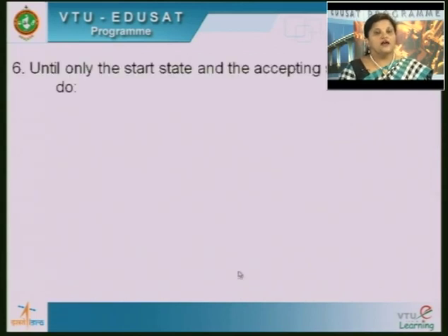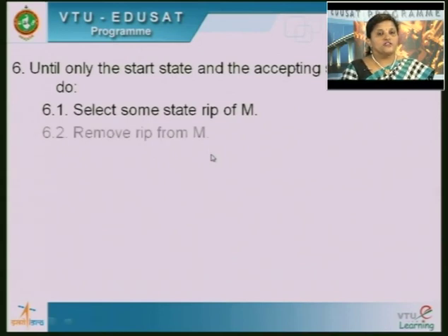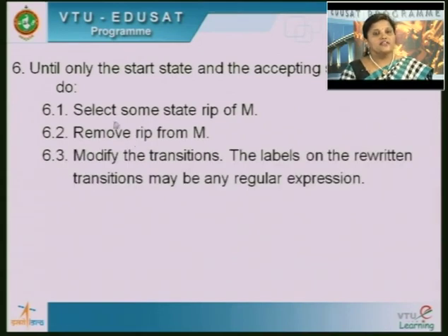The sixth step is, until only the start state and accepting state remain, we have to repeat some steps. What are those steps? First, select some state rip of M. Like in the previous example where we removed Q2, in a similar way, keeping the start state and the accepting state, all other intermediate states have to be removed.